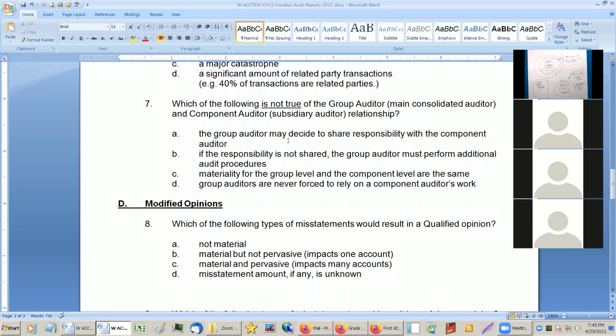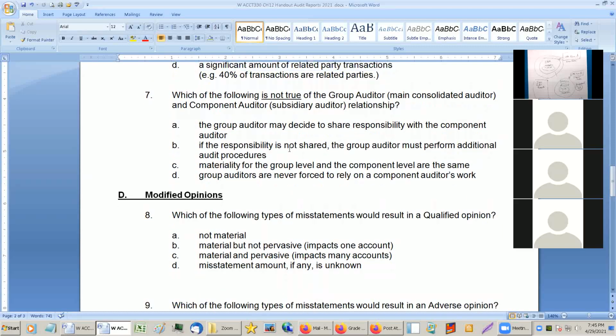I think I just talked about it. Is it C? Yep. Good. Yeah, the materiality is not going to be the same.